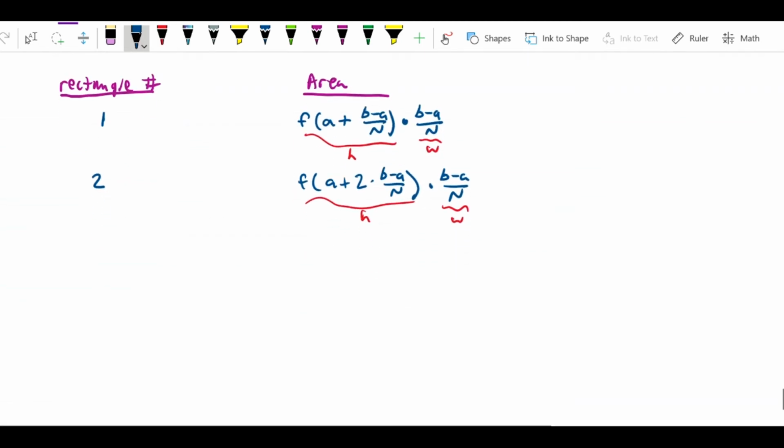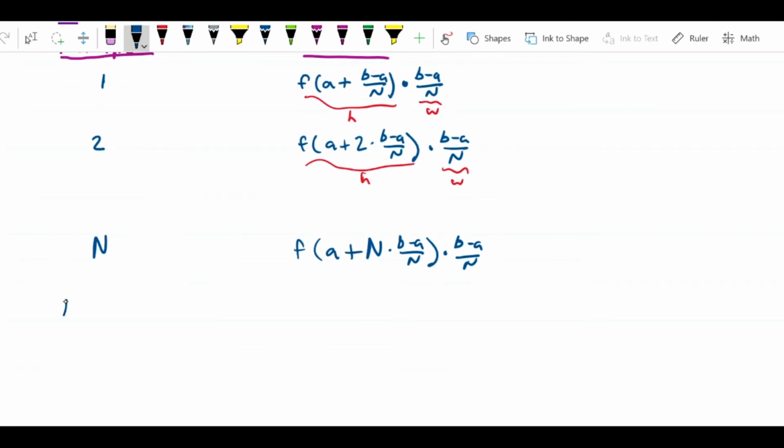And then finally, hopefully you can see what the pattern is here, since we've already covered how you find the right endpoint. That means the area of the nth rectangle is f of a plus n times b minus a over n, times b minus a over n. Well, remember what we do to find the approximate area is we add up all the rectangles.